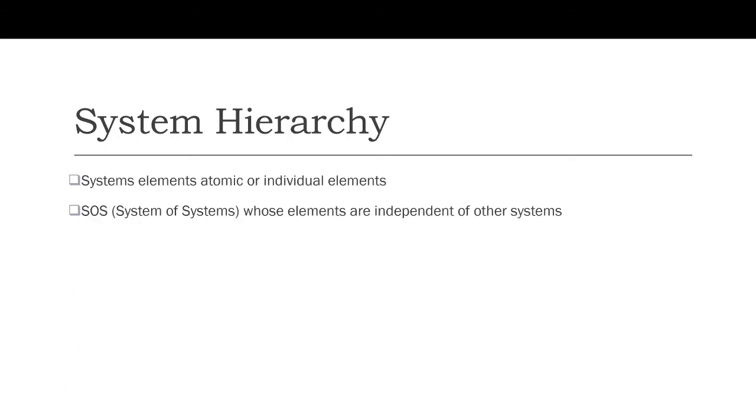So now comes system hierarchy. The book talks about system hierarchy. It tells us that system elements should be considered at an atomic level, at a fundamental level. They should be individual elements. And if you have multiple systems, you have a system nested in another system and so on and so forth. So that's where this system hierarchy comes into effect.